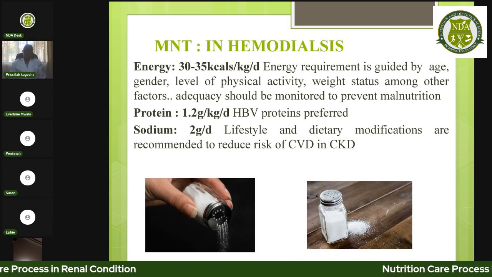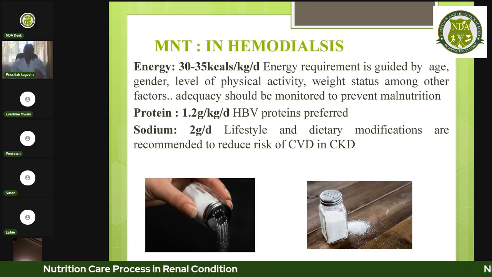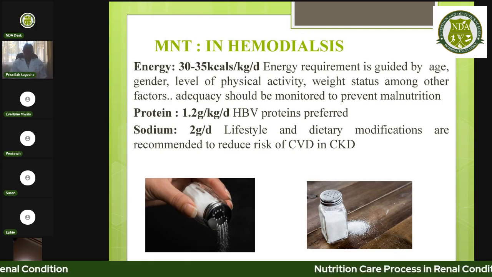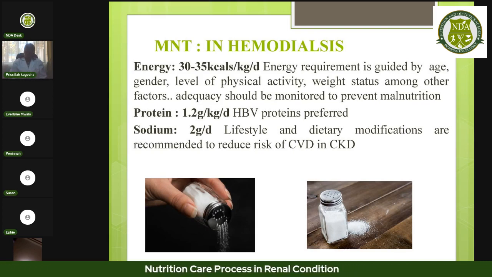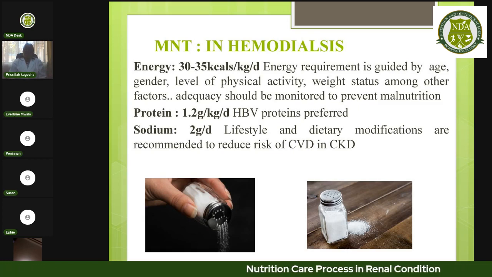Protein in hemodialysis, you want to give about 1.2 grams per kilogram per day of high biological value. And so we prefer proteins of high biological value. Sodium would be about 2 grams per day. That is basically a normal range.